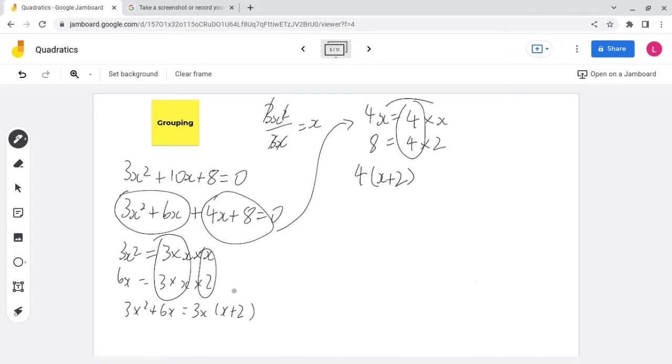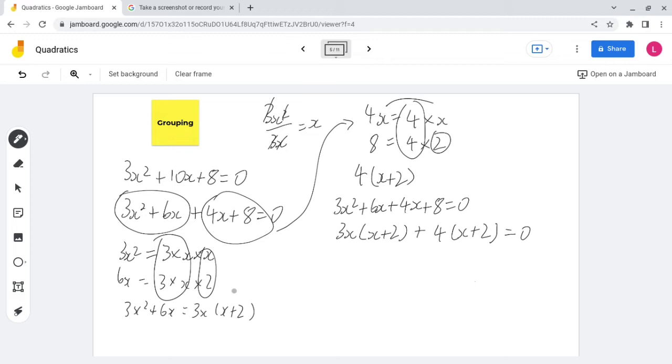Because 4x over 4 equals x, and 8 over 4 equals 2, right? So if we formulate this equation again, 3x squared plus 6x plus 4x plus 8 equals 0 would be 3x times x plus 2 plus 4 times x plus 2 equals 0.